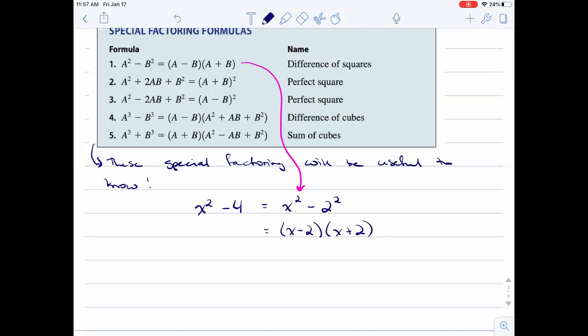So knowing these special factor formulas will be pretty useful, or at least being able to recognize them when they happen, and think, I could probably rewrite this to one of these special factoring formulas.